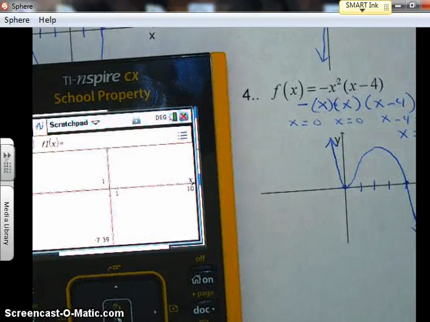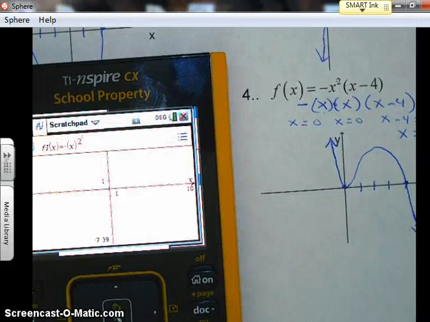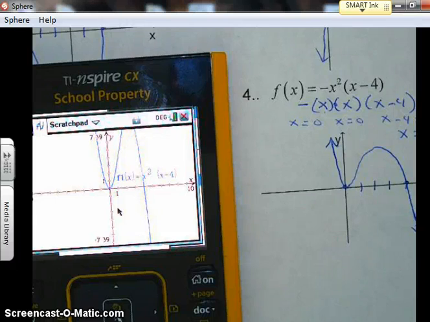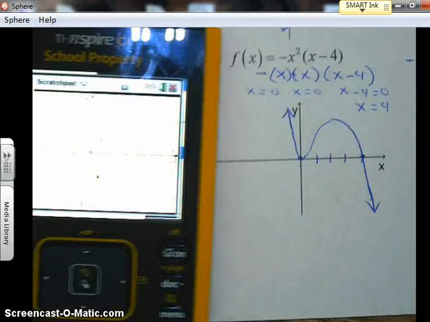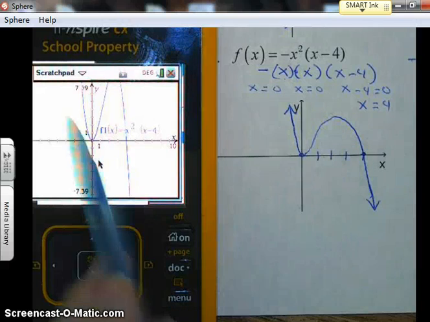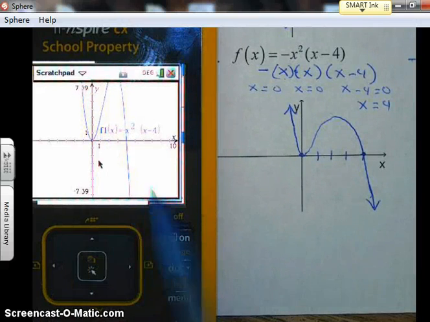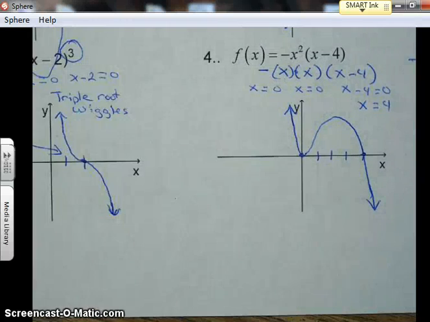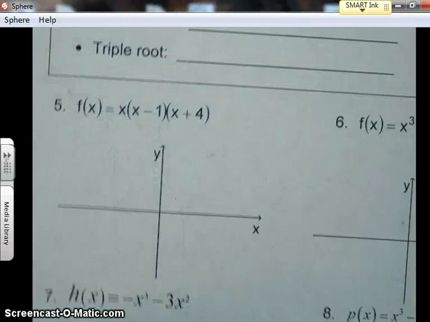So we have negative x squared times x minus 4, and enter. So see, notice it's not perfect, but up on the left, down on the right, it bounces and then it crosses.